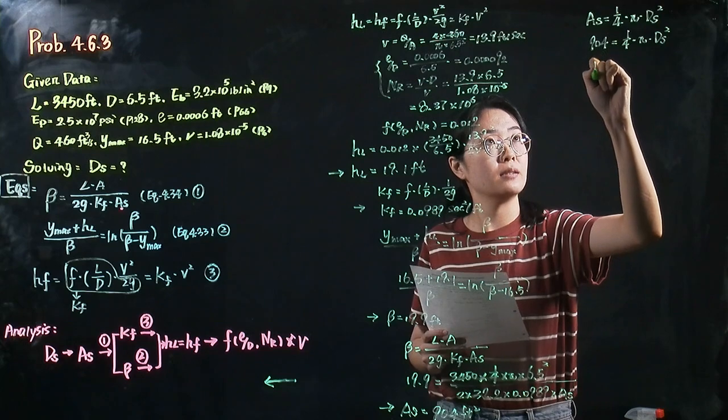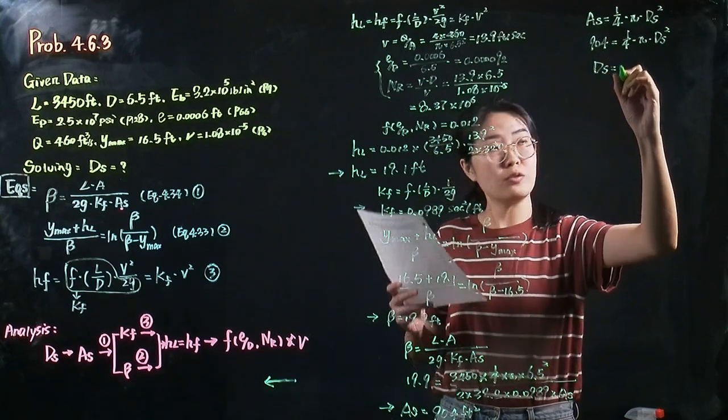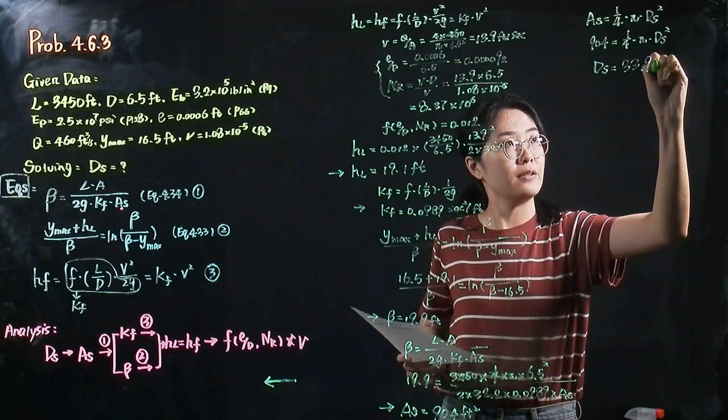Then we can get the value of D sub S. It equals 33.9 feet.